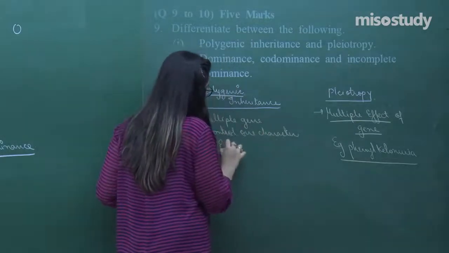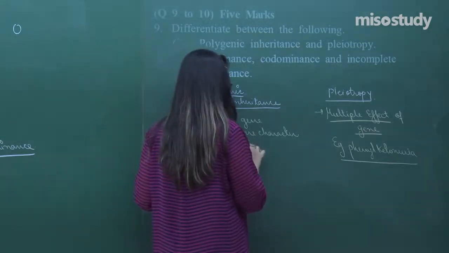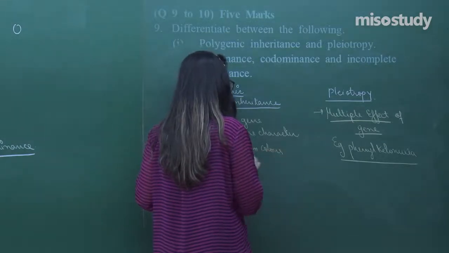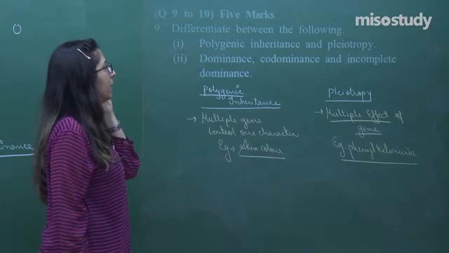In this, we have an example of skin color. We have already studied skin color. This is the first part, polygenic inheritance and pleiotropy.